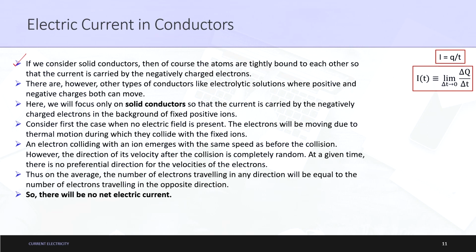There are, however, other types of conductors like electrolytic solutions, where positive and negative charges both can move. An example of this electrolytic solution will be explained in subsequent slides, but for now please understand this explanation. In solid conductors, there was a movement of charges from point A to point B under an electric field, which leads to an electric current, produced only by negatively charged particles.